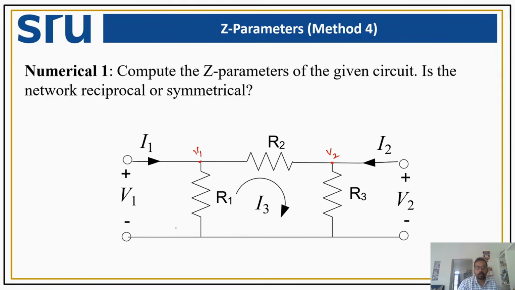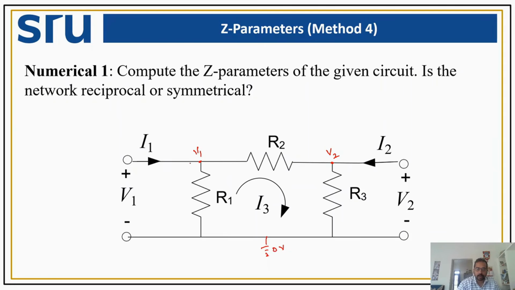Now let us solve the same numerical using method 4. In method 4, we try to make use of our nodal analysis. So our first objective here is to find how many nodes we have for the given circuit. You can observe that we have totally 3 nodes, 2 are non-reference nodes and 1 is the reference node. So here is the reference node, which we assume is 0 volts.